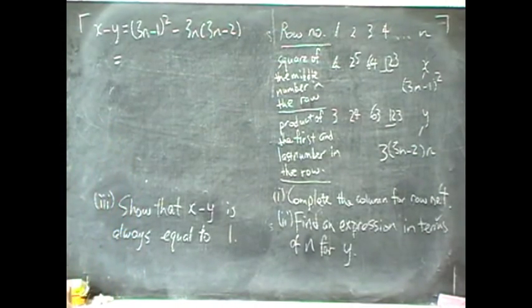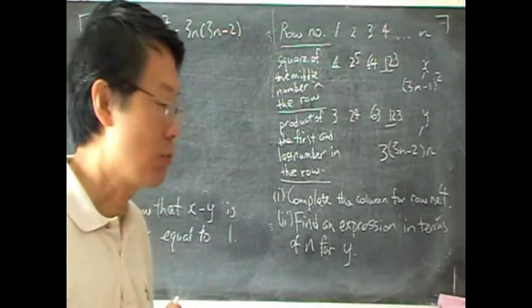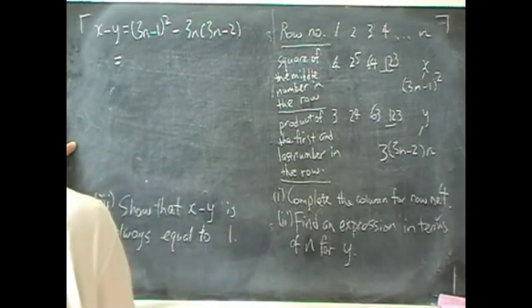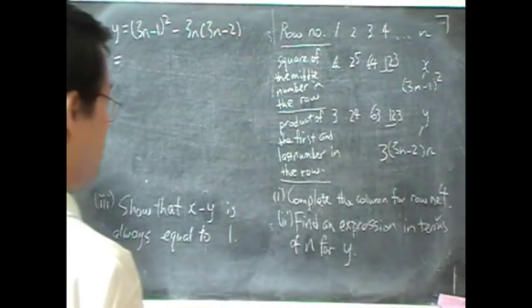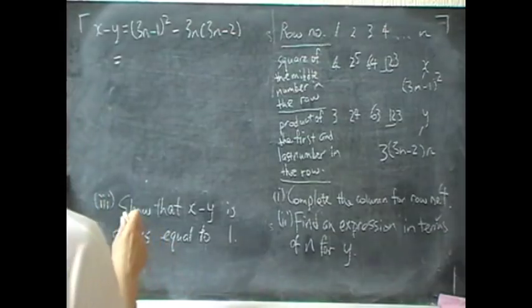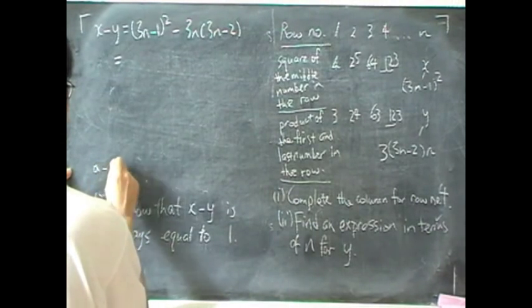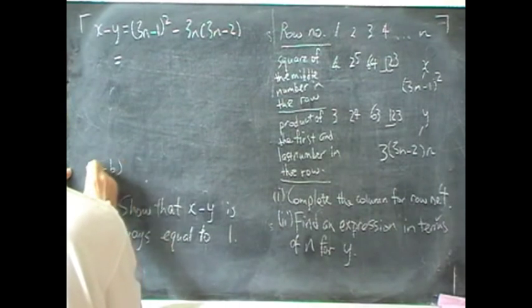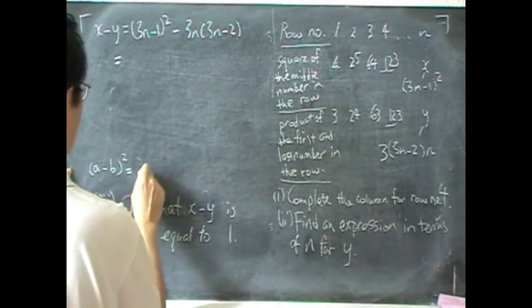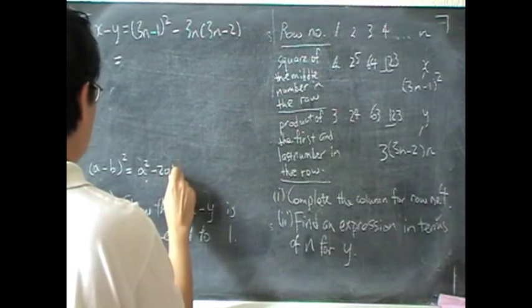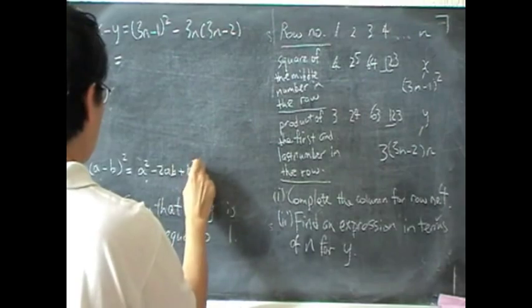To do this, it would be easier if I use the formula directly. The formula that I need is a minus b squared is equal to a squared minus 2ab plus b squared.